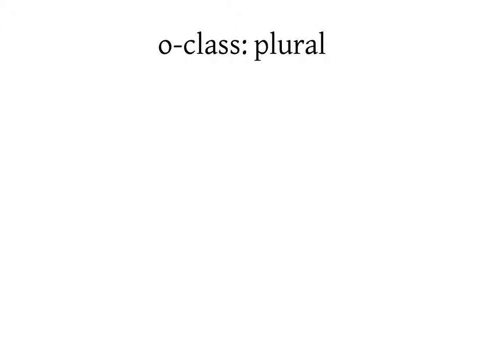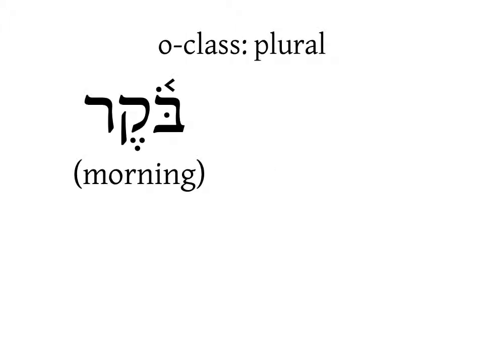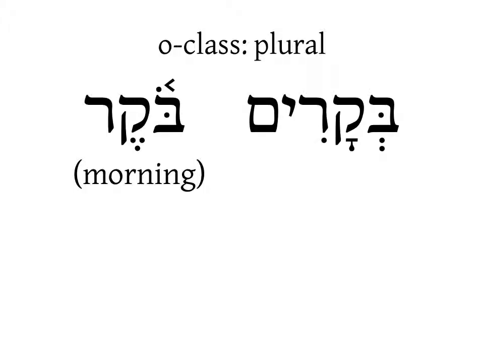Last, we come to the O-class. In the plural, we have boker, for instance. This is a very stereotypical O-class segolate. Most, if not all, O-class segolates will begin with a cholem after the first consonant. But the plural will be quite regular, bkarim.